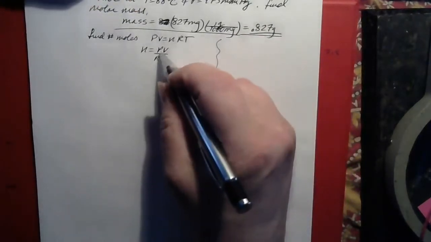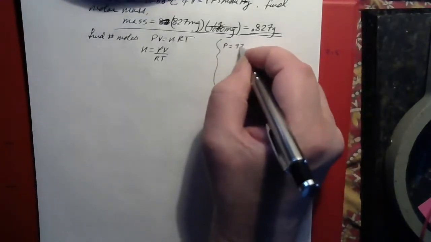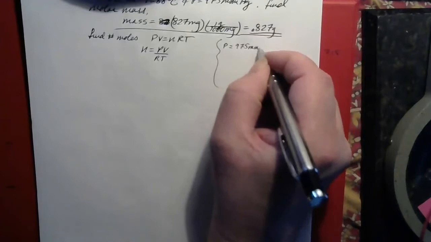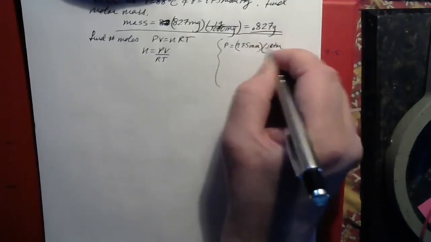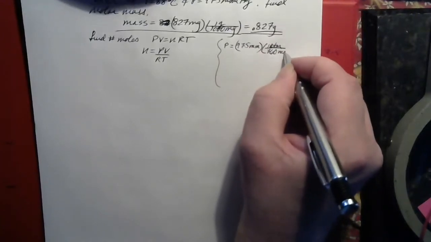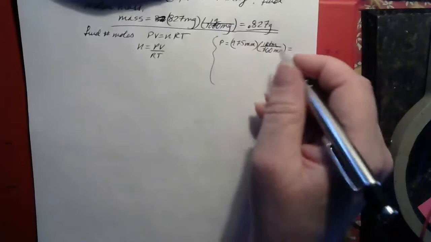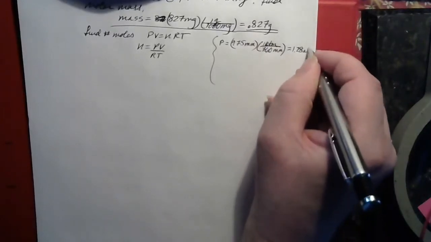That's the big thing here. So P, the pressure was 975 millimeters of mercury. We need that in atmospheres. So you divide by 760. And we end up with 1.28 atmospheres.